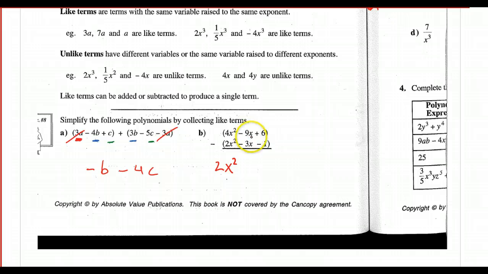I have -9x. I subtract -3, so I'm really adding 3. So I have -6x. 6 minus -1, again, that means 6 plus 1, so plus 7. Just to show you, this is what it looks like if you have 6 minus -1. Well, that's really 6 plus 1, and that's how I got 7.